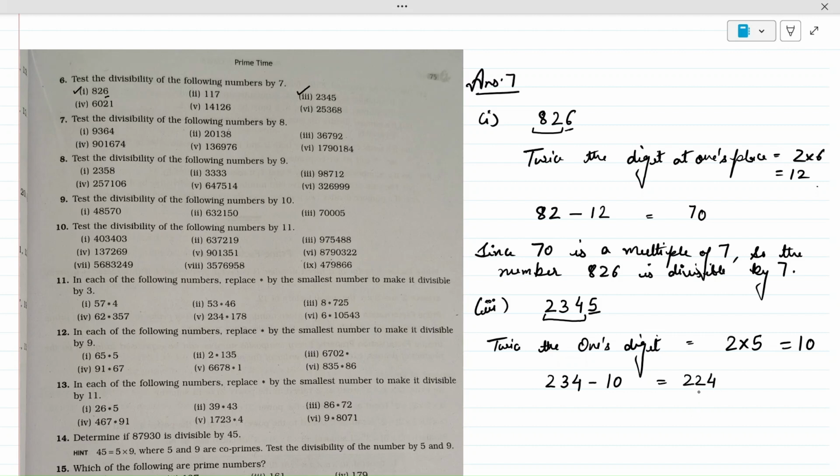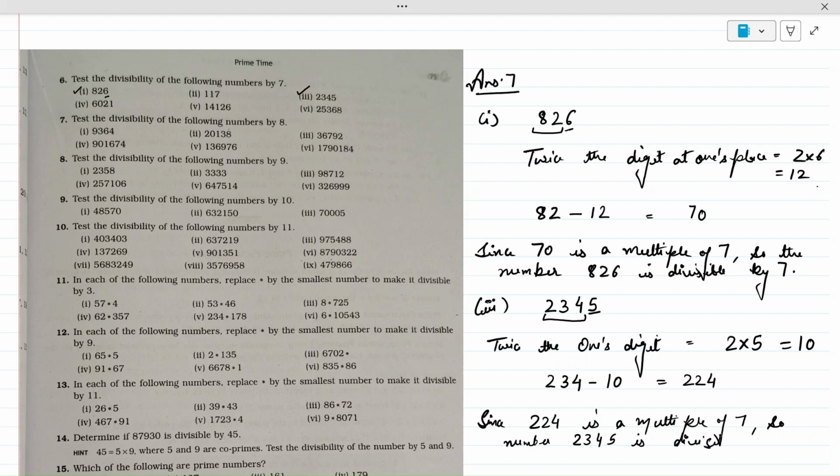And kids, if you divide this 224 by 7, it is divisible, right? So since, again, 224 is a multiple of 7, so the number 2345 is divisible by 7.